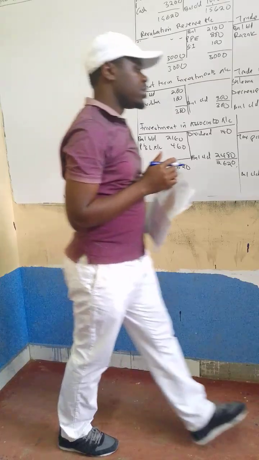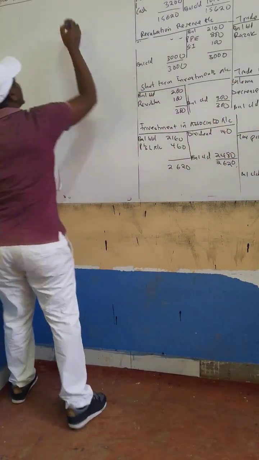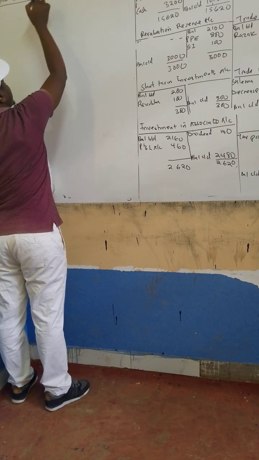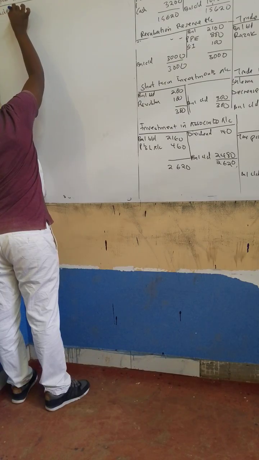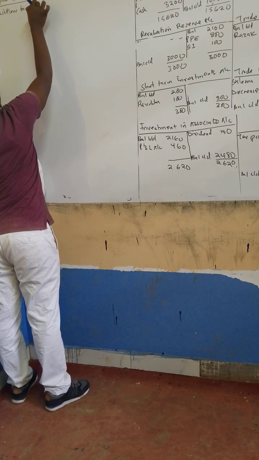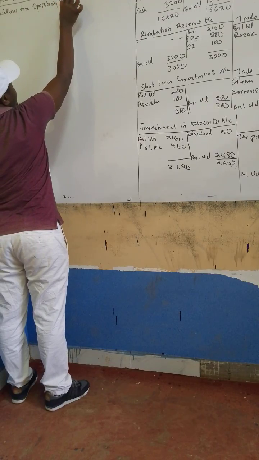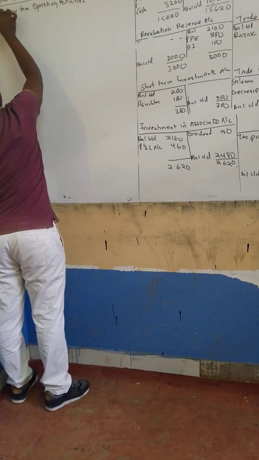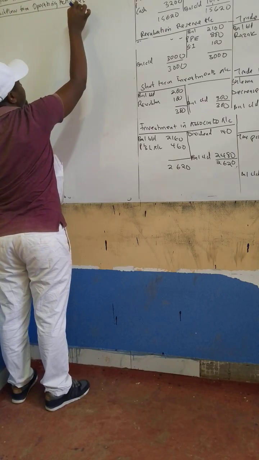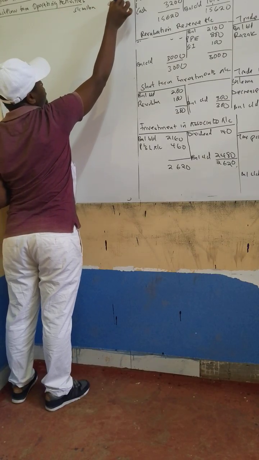So we are going to have consolidated cash flow from operating activities, with shillings in millions.